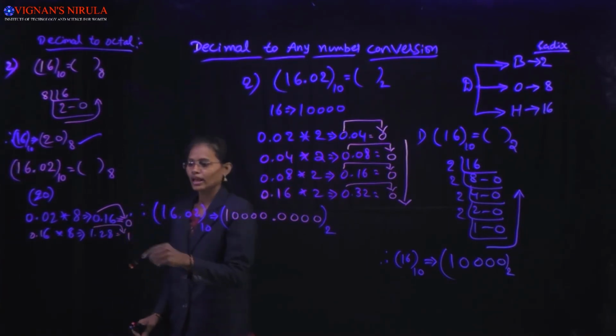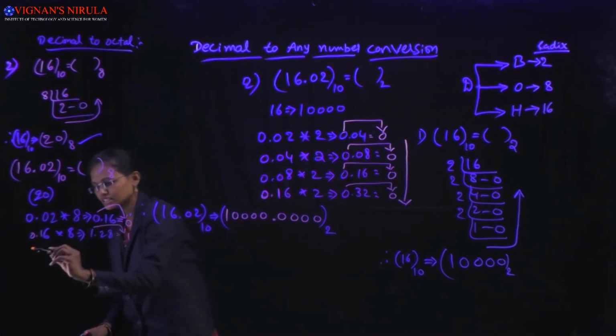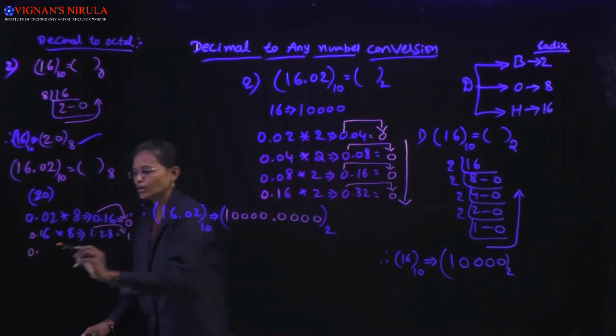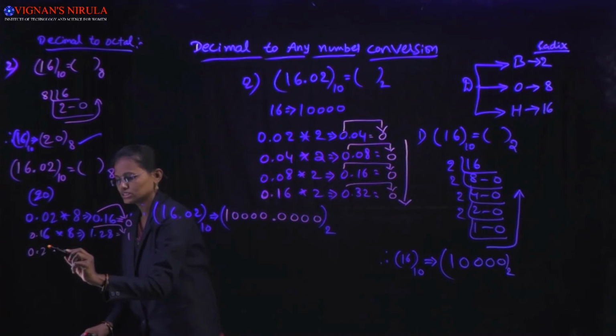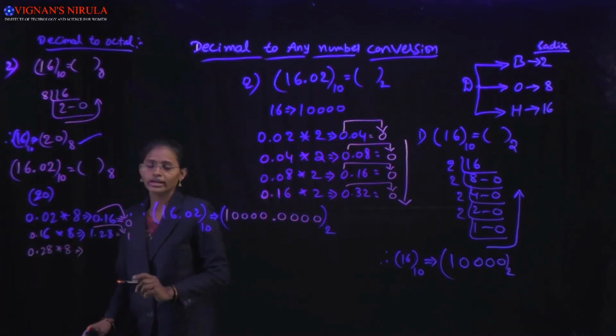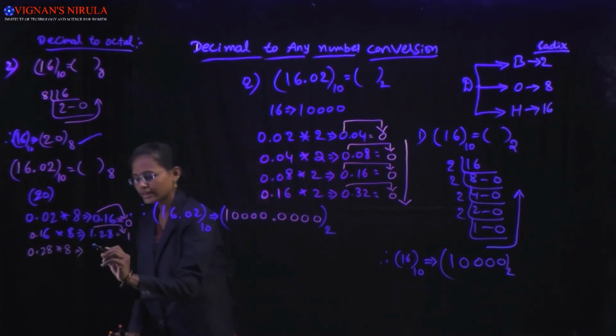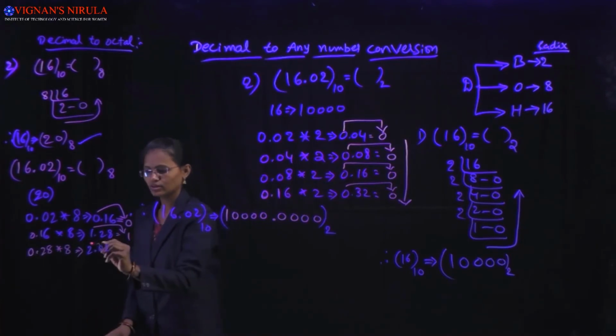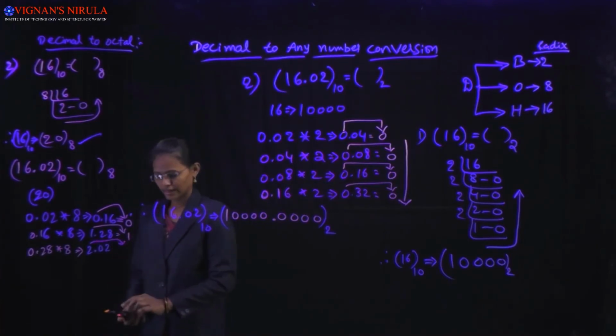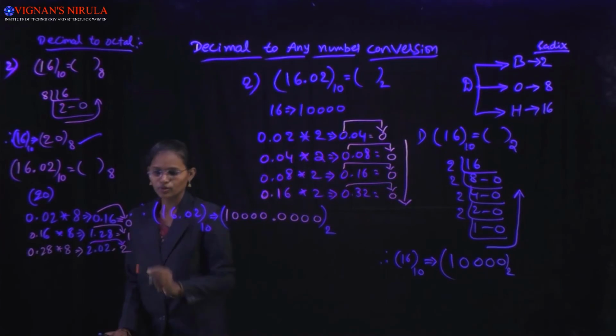Again 0.28 into 8, that is 2.24. So you write down 2 here.